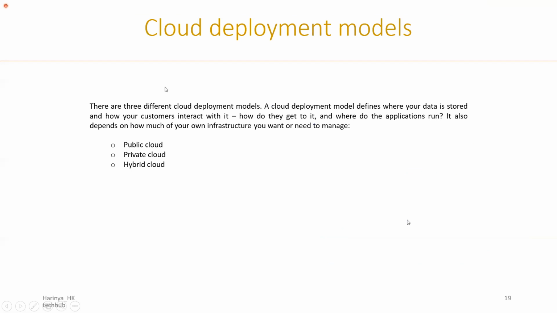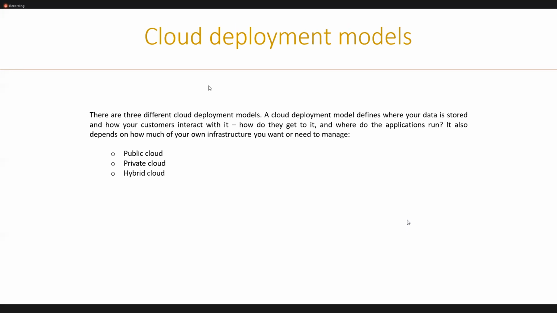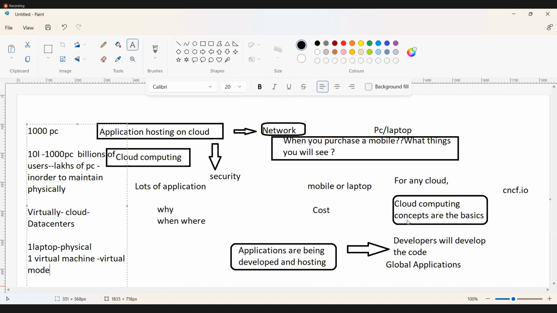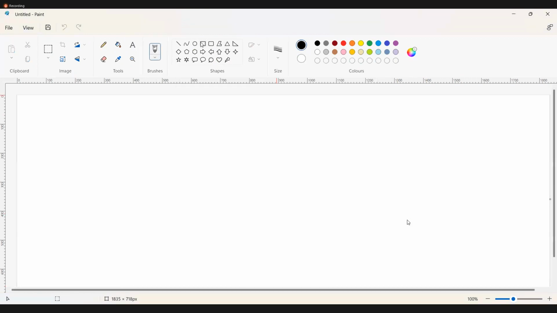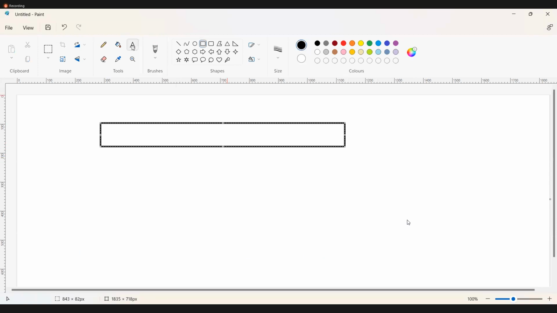Cloud deployment models. There are two types of cloud computing models. In cloud computing, you should know two things. Let me take a new pen. Cloud computing models are two types.